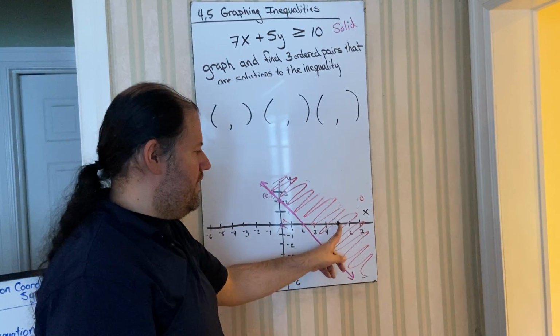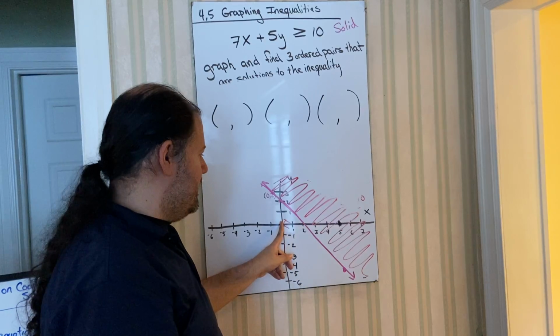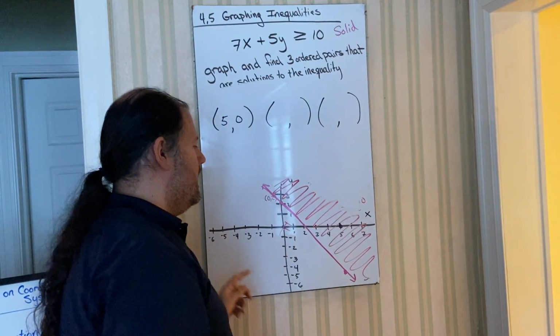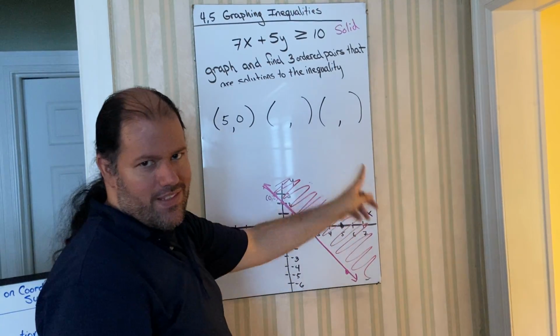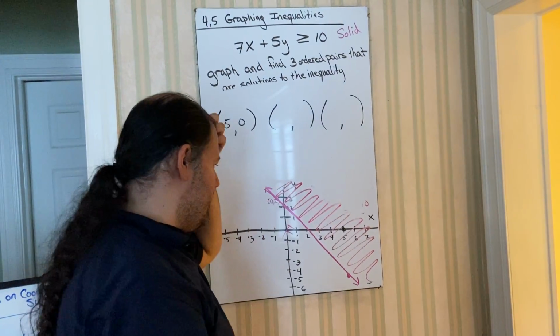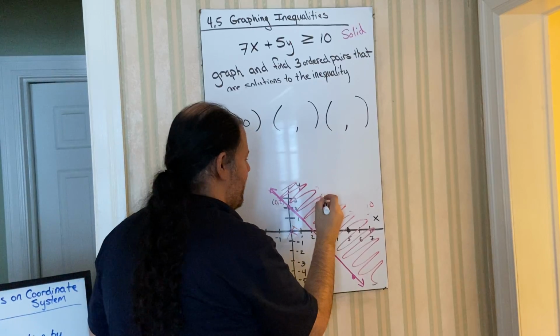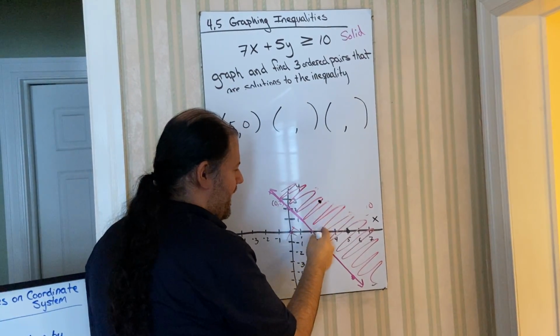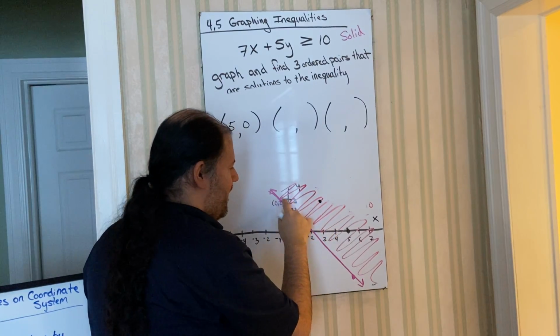X is 5, Y is 0. Again, grab any point in this red area. You can decide. Let me grab this point. What's that? X is 3, Y is 3.